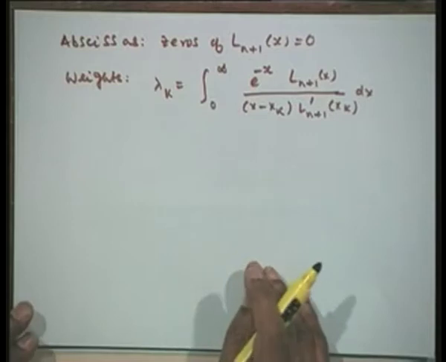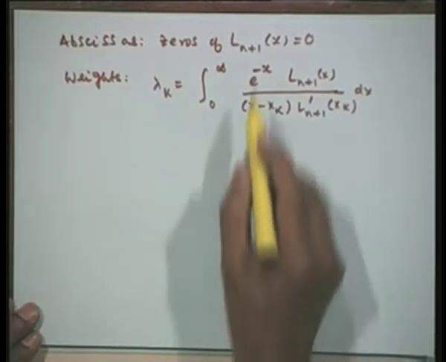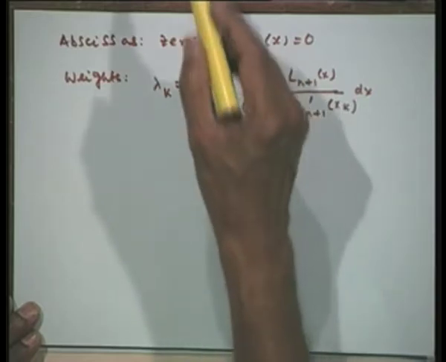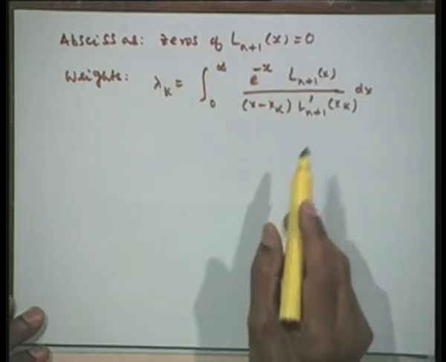The abscissas are zeros of L n plus 1 of x. We have derived the expressions for L1, L2 and L3, from which their zeros can be obtained. The weights are given by the corresponding lambda k.